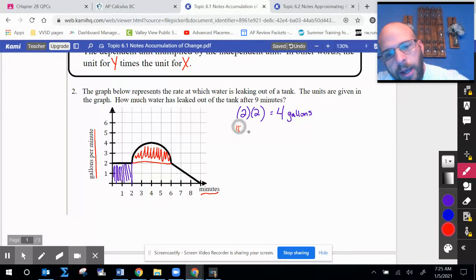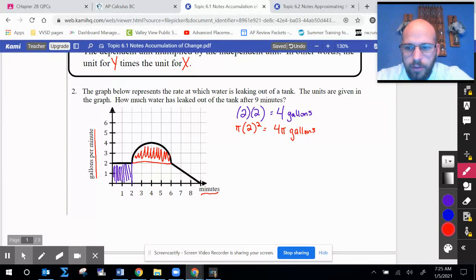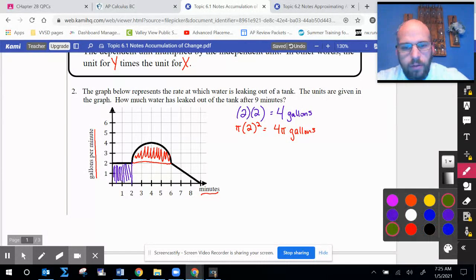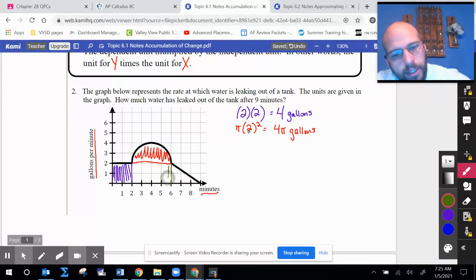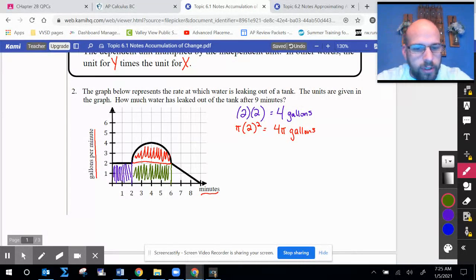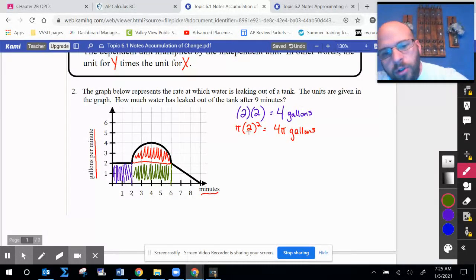So I'm going to do pi times 2 squared, which gives me 4 pi gallons. Now I'm going to have this little rectangle underneath. That rectangle is going to be 4 units wide and 2 units tall. So it's 4 by 2, which gives me 8 gallons.